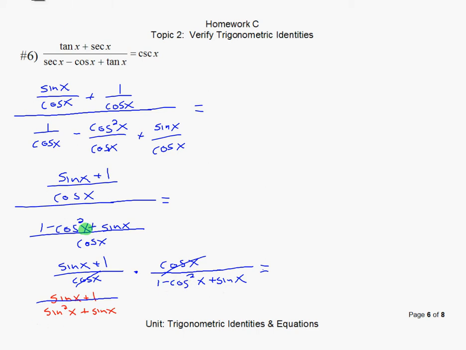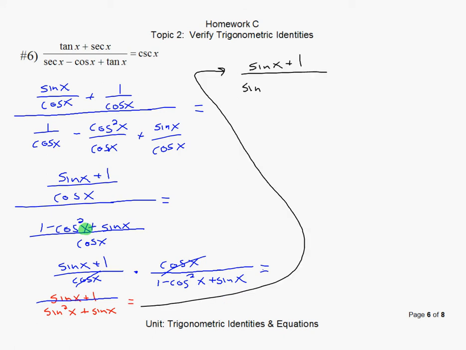That's a Pythagorean identity. You can factor out the denominator, sine, its GCF, and you can cancel a sine of x plus 1 on the numerator and denominator, so you get cosecant of x equals cosecant of x.